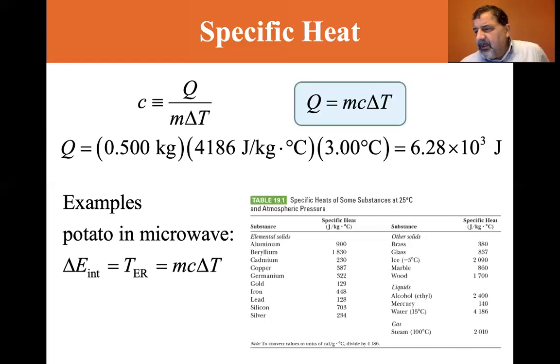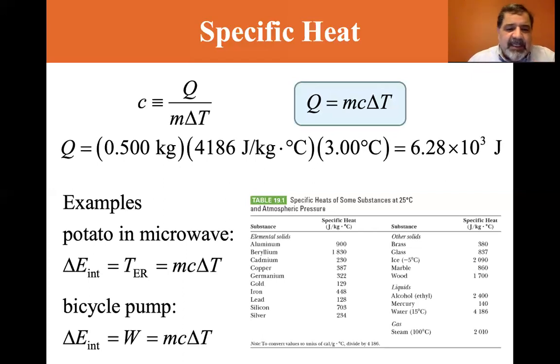So as an example, a potato in the microwave: the change in internal energy comes from the transfer of electromagnetic radiation and equals MCΔT, the mass of the potato times the specific heat of the potato, not listed here, times the delta T. And with a bicycle pump, the change in internal energy comes from work.